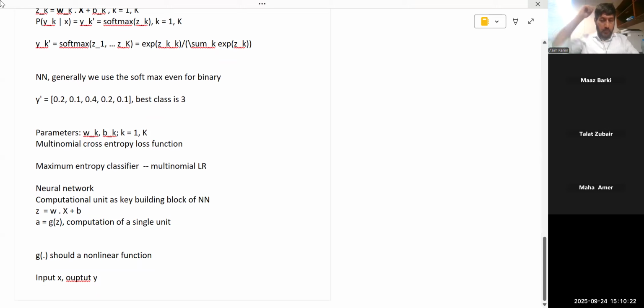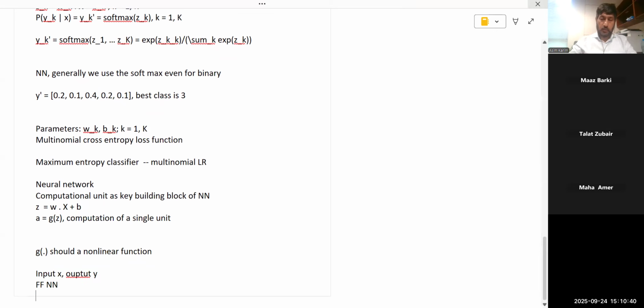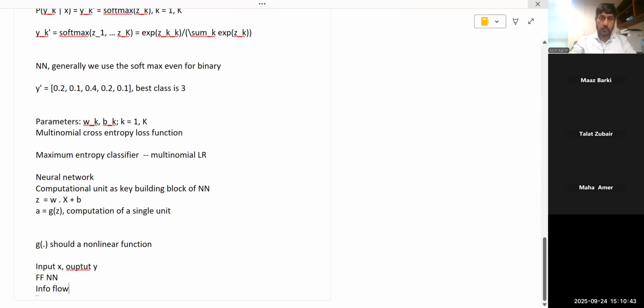ठीक है? So neural network, and we are talking about feed-forward neural network. Information flows from X to Y in one direction only, without any flow of information back from a later layer to a previous layer. Okay? So info flows from input to output through multiple layers in general of processing. ठीक है.